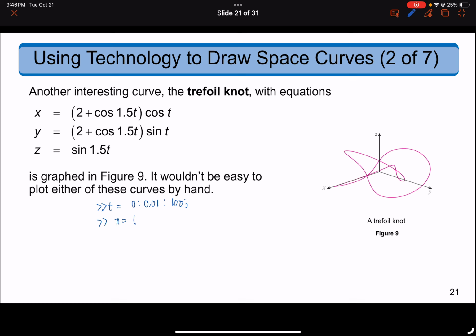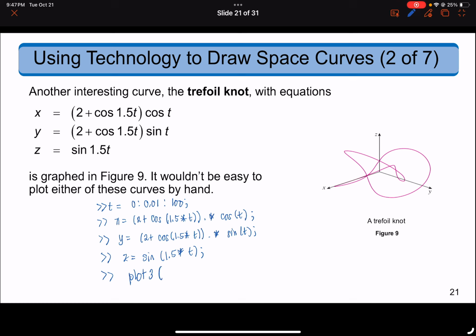We can evaluate x to be 2 plus cosine of 1.5 times t, and then we apply dot product, cosine t, semicolon. Then y equal to 2 plus cosine of 1.5 times t, dot asterisk sine t, semicolon, and finally z equal to sine of 1.5 times t, semicolon, and then we now plot in 3D x, y, and z. You may pause this and then try to work on it in MATLAB.